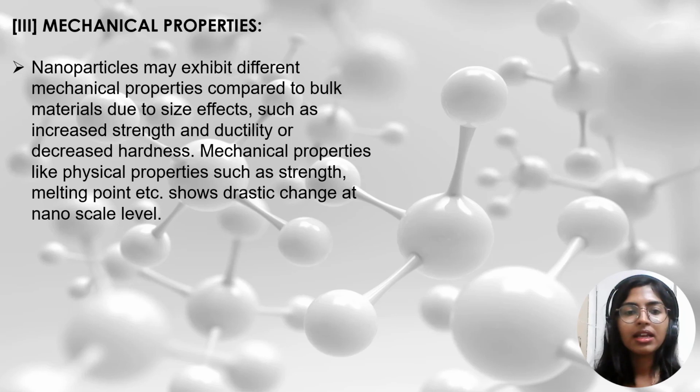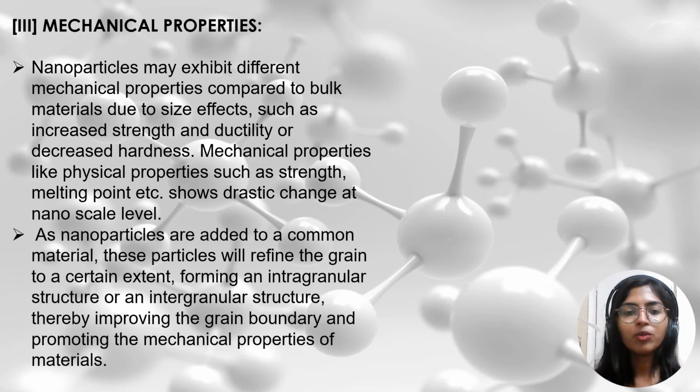Mechanical properties like strength, melting point, etc. show drastic change at the nanoscale level. As nanoparticles are added to a common material, these particles will refine the grain to a certain extent, forming an intragranular structure or an intergranular structure, thereby improving the grain boundary and promoting the mechanical properties of the material.